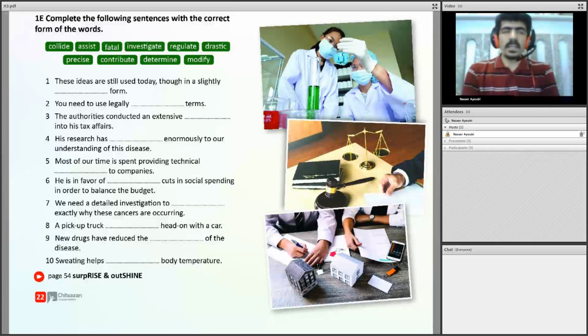But in head-on collision, head-on acts as an adjective. Number 9, new drugs have reduced the fatality of the disease. And number 10, sweating helps regulate body temperature.